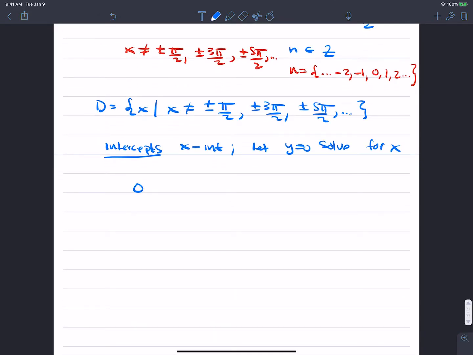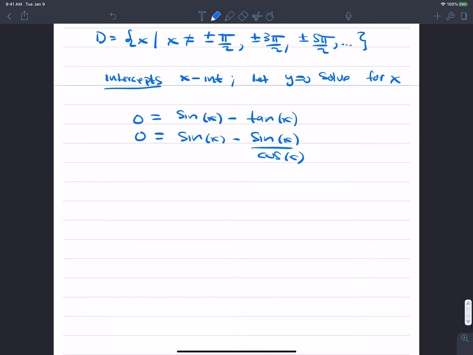We get 0 is sine x minus tangent x. Or we can say 0 is sine x minus tangent, which is sine over what? Cosine. Is that true? Okay. So we're going to have to solve this trig equation here.